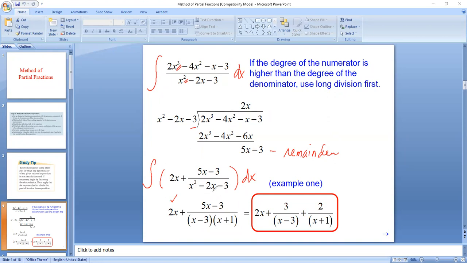Now, notice that after I have done my long division, I factored the denominator because it's possible for me to have it factored. The numerator, I cannot factor anymore, so it stays. Now, you may wonder why.